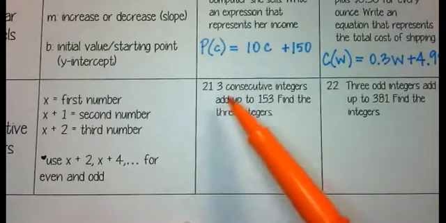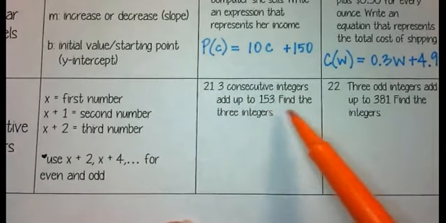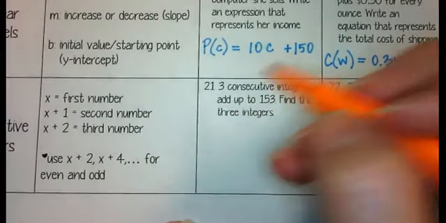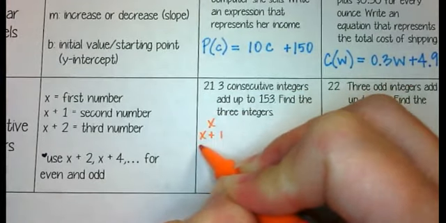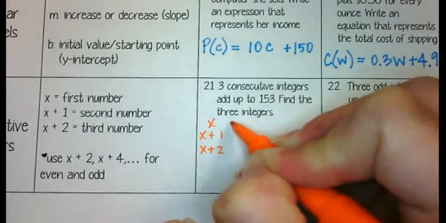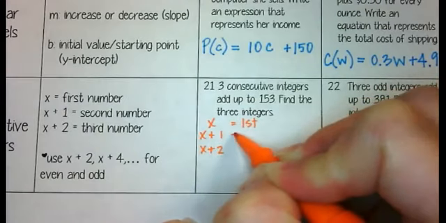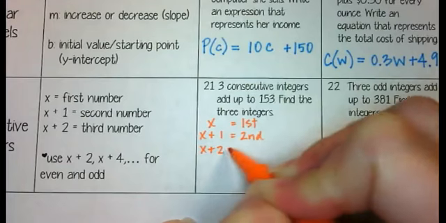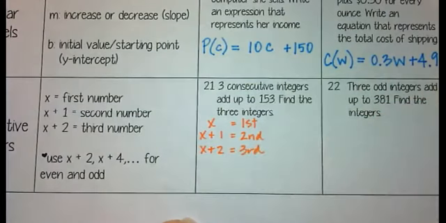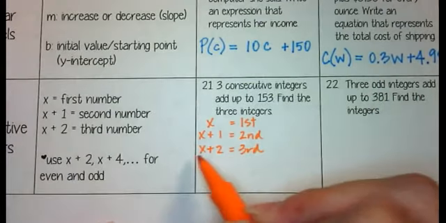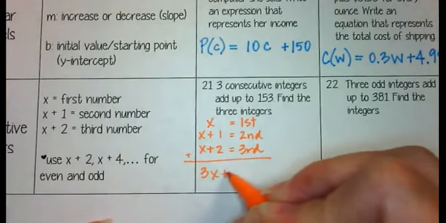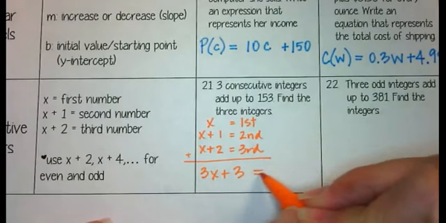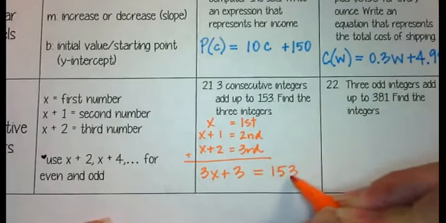All right, number 21. 3 consecutive integers add up to 153. Find the 3 integers. So we're going to use the basic setup. They're consecutive integers. So x is going to represent our first number, x plus 1 would be the second, and x plus 2 would be the third. And then if we add these up, we get 3x plus 3, and we're told that that should equal 153.